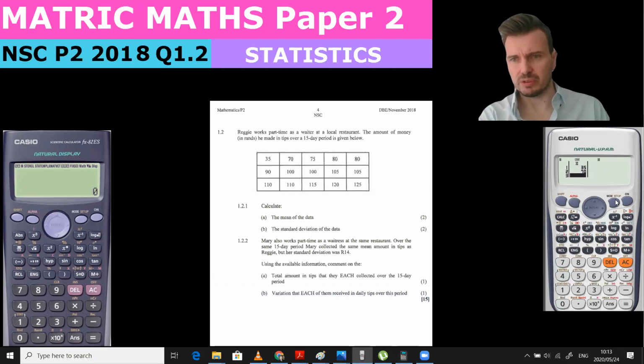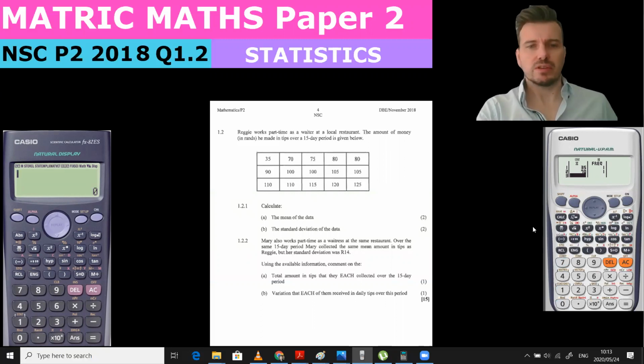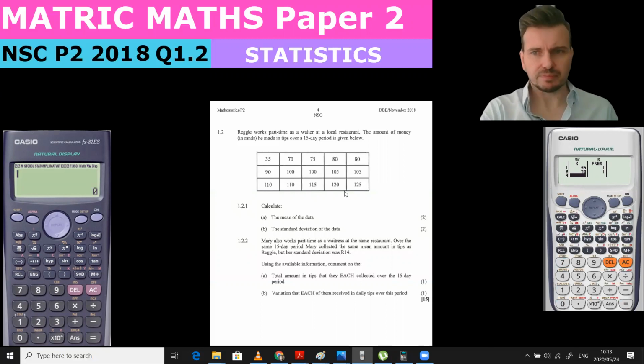Let me actually just do it quickly. And we go to number 4. And we put our frequency table on. Okay, but it's cleared my data. But you can see that if I was to enter in the data, it just adds a frequency of 1 anyway. So keep the frequency table on.